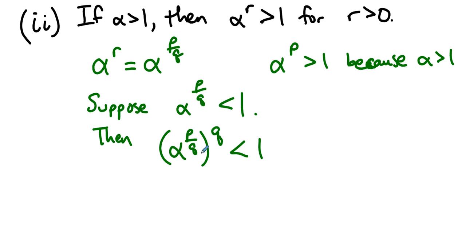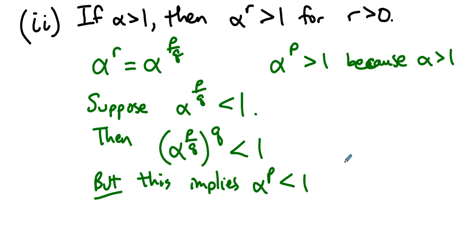You take some number that's less than 1, you raise it to an integer power, that remains less than 1, but this implies that alpha to the P is less than 1, and that's your contradiction. So if alpha is greater than 1, then alpha to the R is greater than 1 for all positive R values. You take reciprocals and you get the case where alpha is between 0 and 1, no problem.